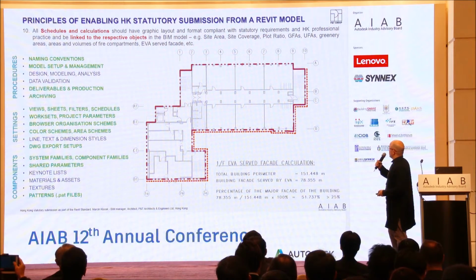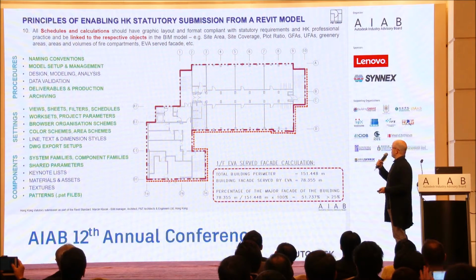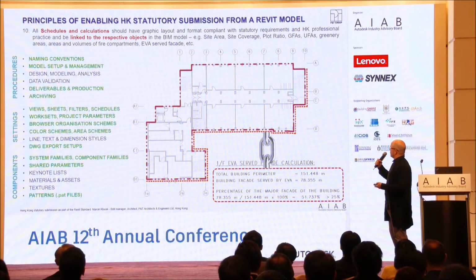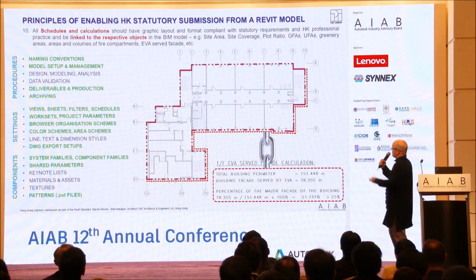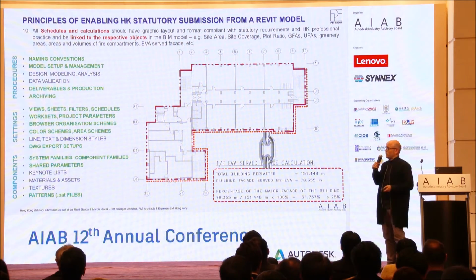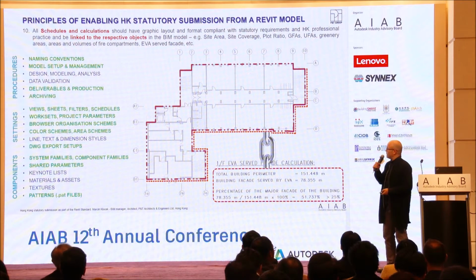And similarly in case of EVA served facade length, it also needs to be linked to a real facade length. So when you change the line here, this is actually done with an in-place generic family, then the calculation of the length of the EVA served facade will change automatically.